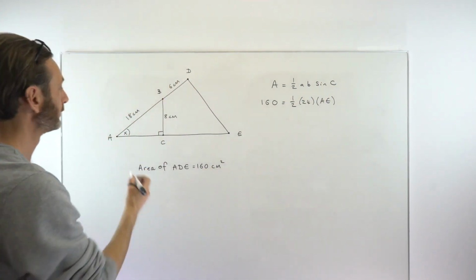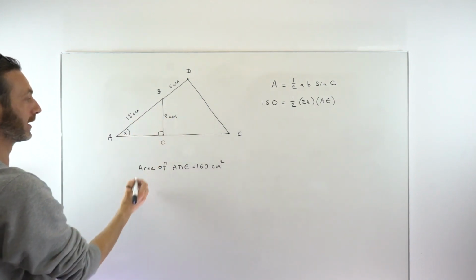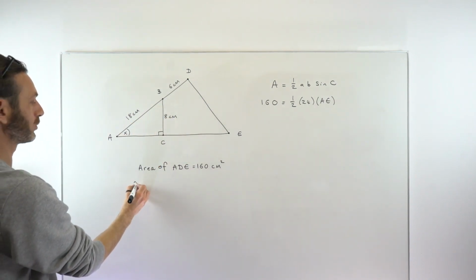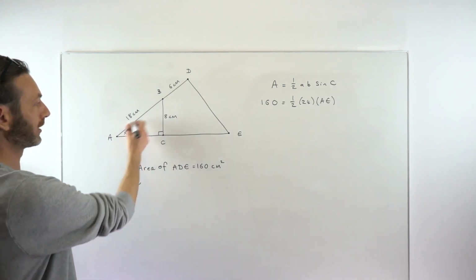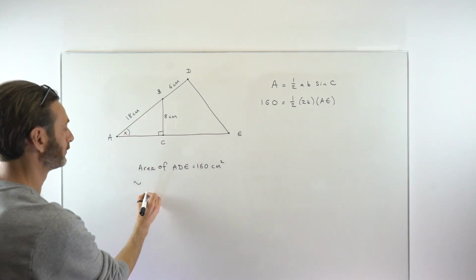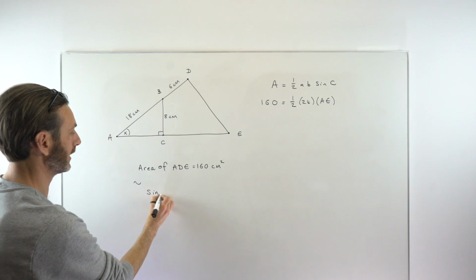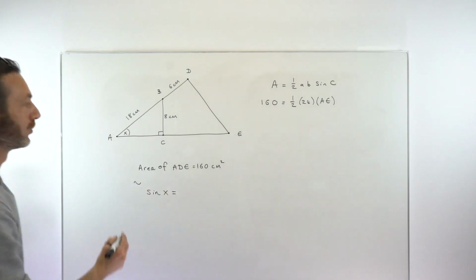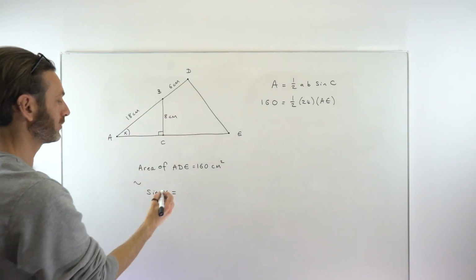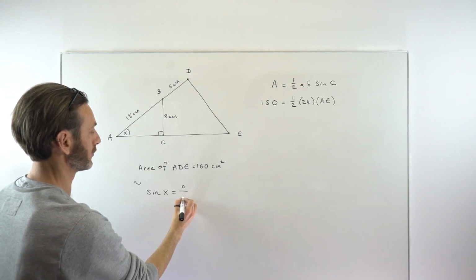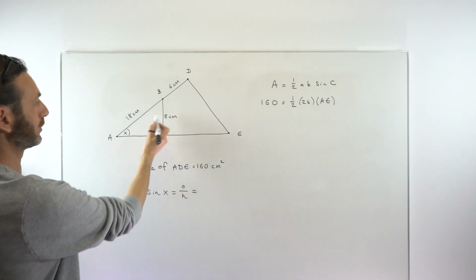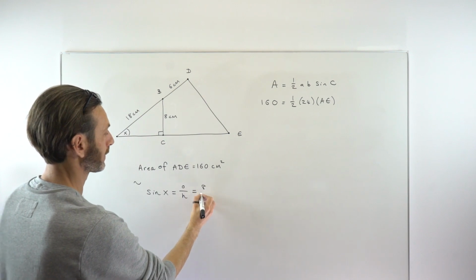That's what we really need. Because this little triangle here is right angled, setting this triangle up to use SOHCAHTOA, we can say that the sine of that angle X is equal to the opposite over hypotenuse, because remember in SOHCAHTOA, sine is opposite over hypotenuse, which is equal to 8 over 18.